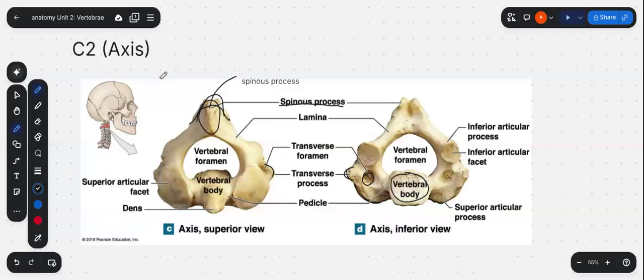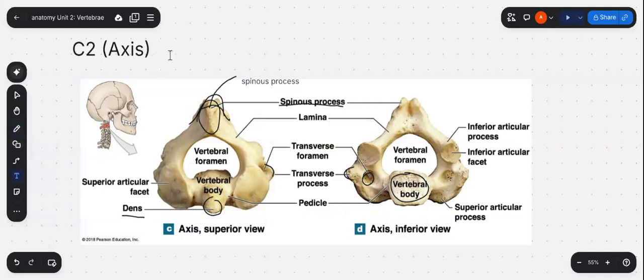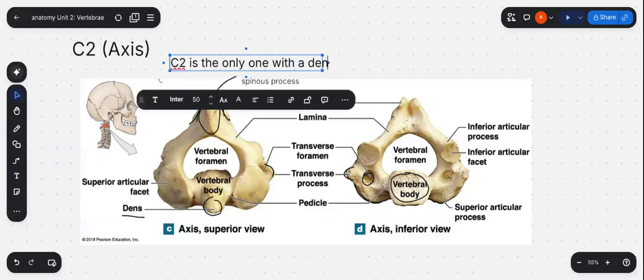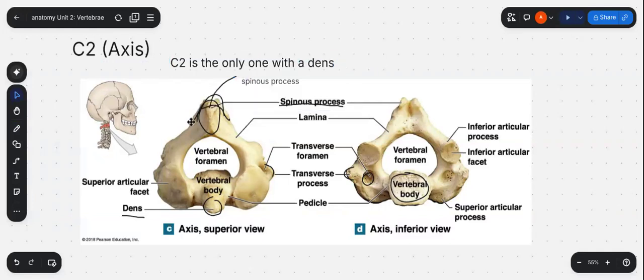For the C2, it has this little ball up on the top of the vertebral body, and that is called your dens. C2 is the only vertebrae that has a dens, and that is how you can differentiate it from other vertebrae. So C2 is the only one with a dens. All right.